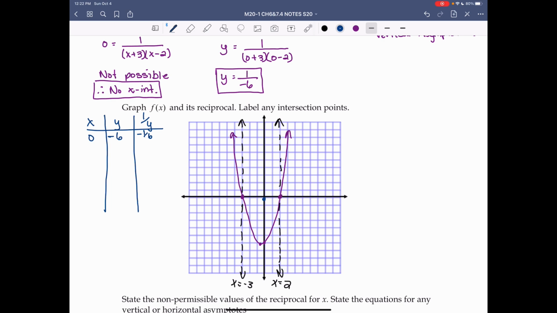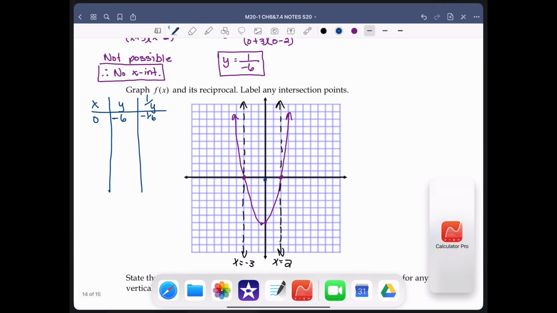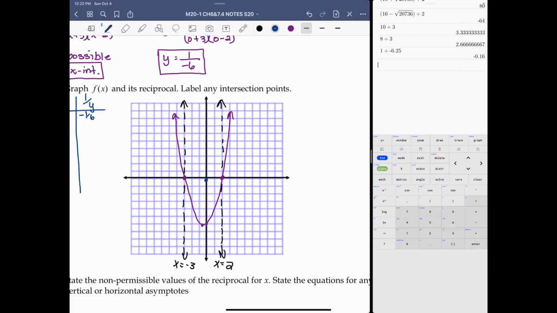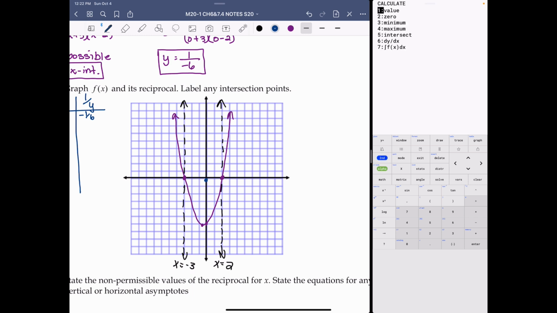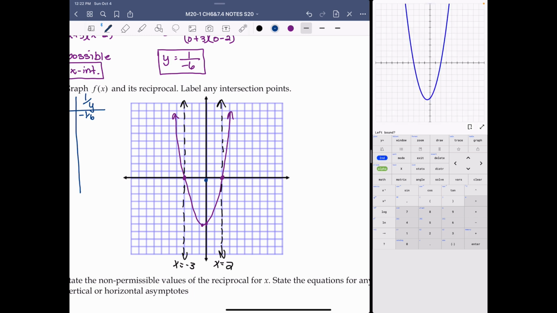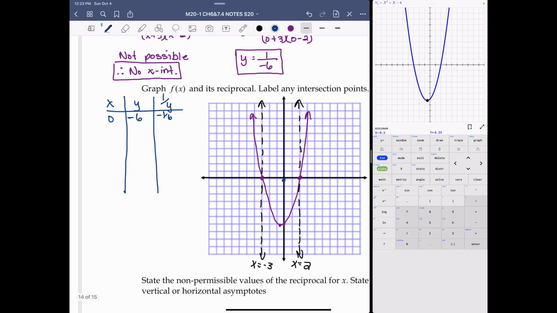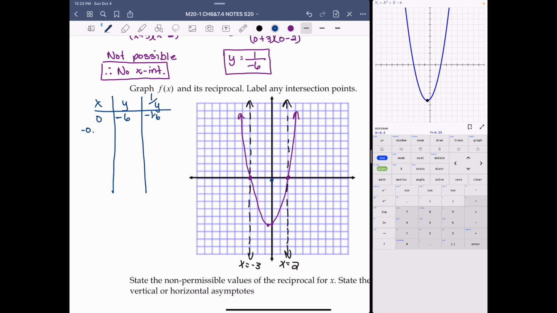We can look at the vertex. I forget what our vertex was already. Let's go back to graph, find our vertex, second trace, number 3, left bound, enter, right bound, enter. And so it was x is -0.5 and y is -6.25.